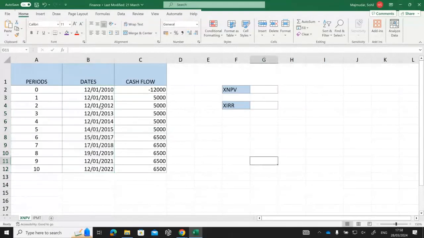If you look here, it's jumping from 2015 to 2017, and it's jumping from 19 to 21. So it means there's a gap in your data. In that case, you'll have to use XNPV to get the net present value of your investment.